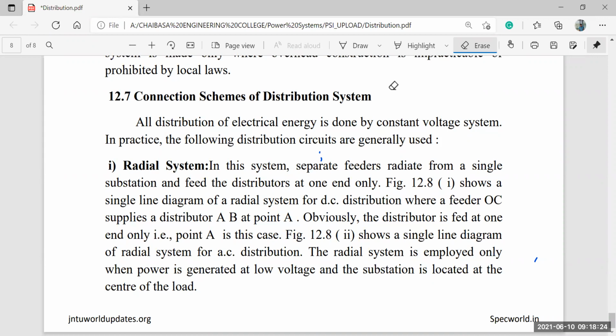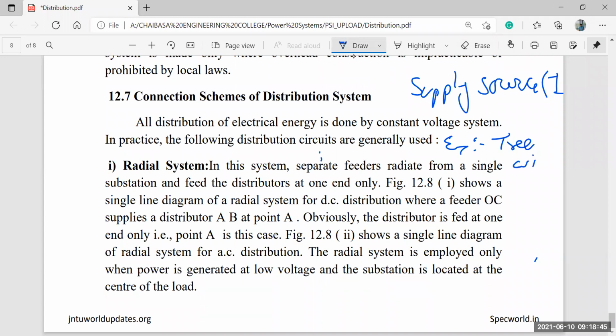Okay. Supply source is one. Pardon? Supply source is one, sir. Okay. Supply source is one. Example would be your tree with branches.